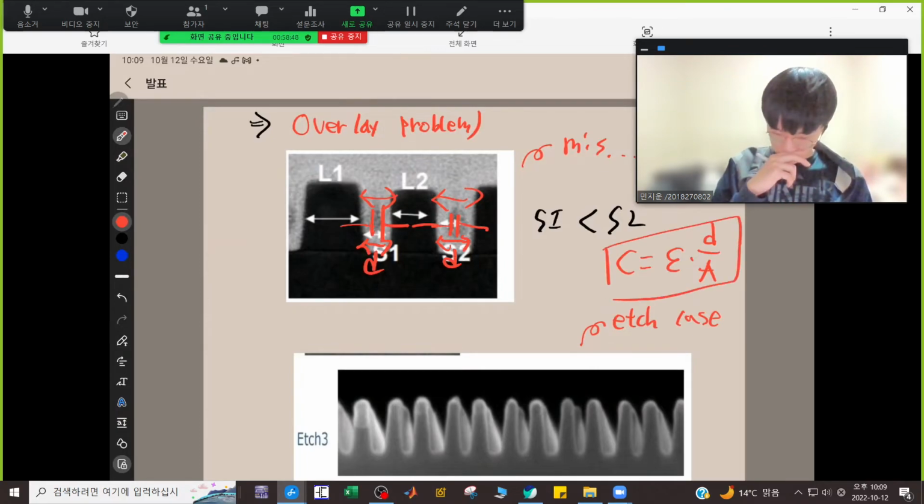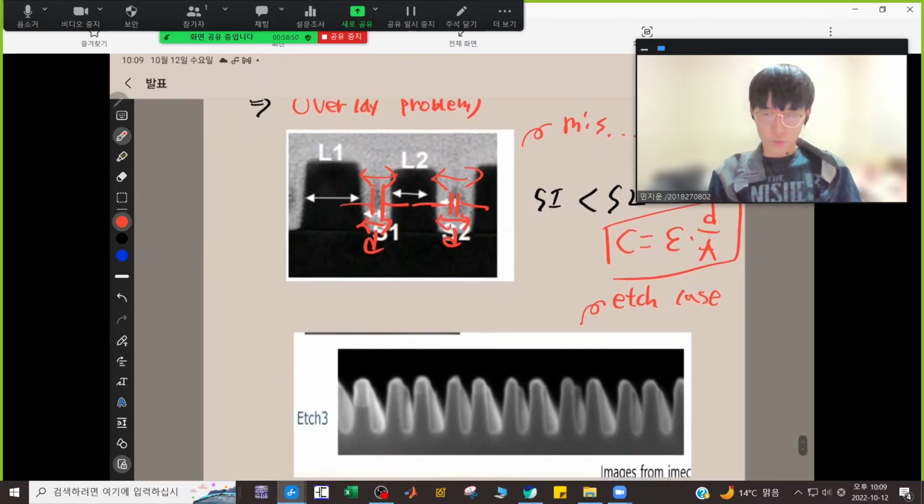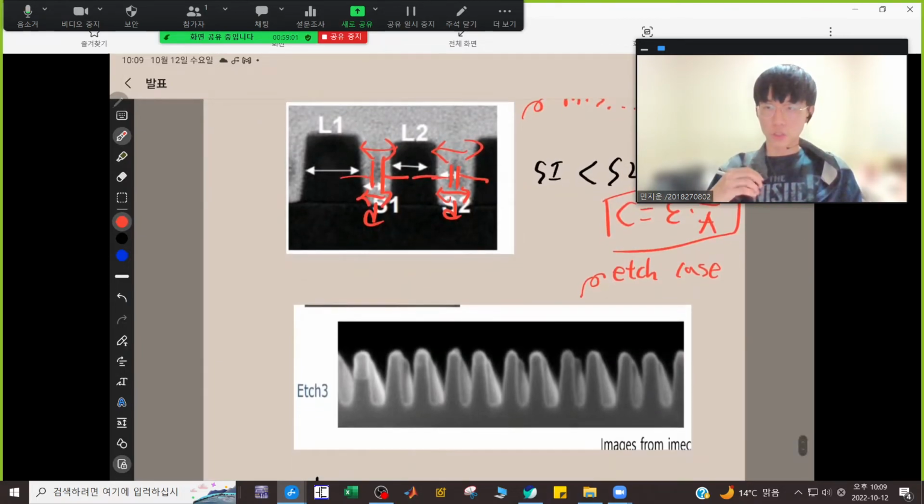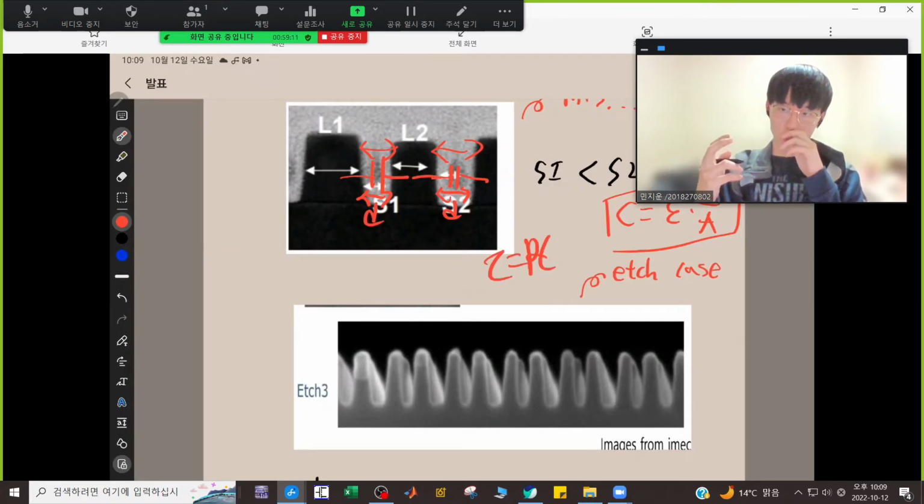If the distance of this pattern is bigger or smaller, then the total capacitance is also bigger. Then this makes the time constant bigger too. Then this means that performance goes down.